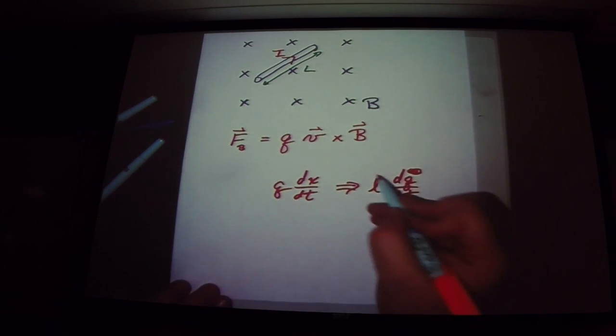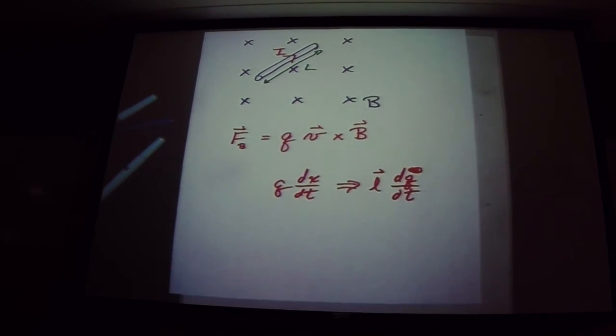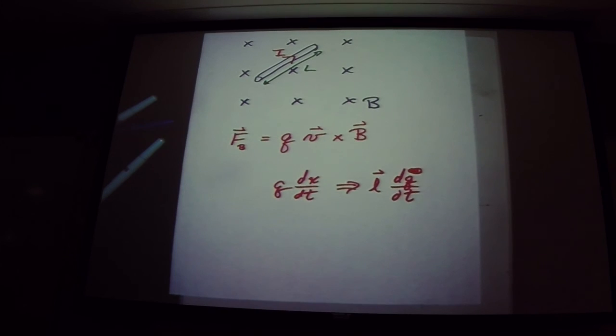Now I'm going to put a vector on the L because charge doesn't really have a vector. But what is dq dt? By definition, that's current.